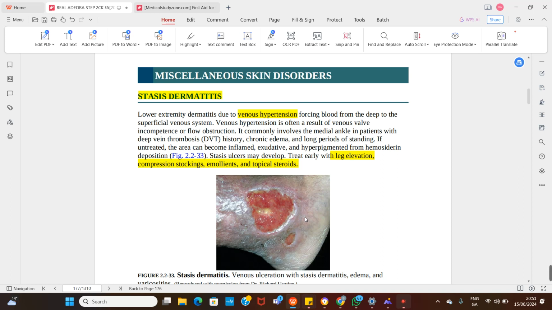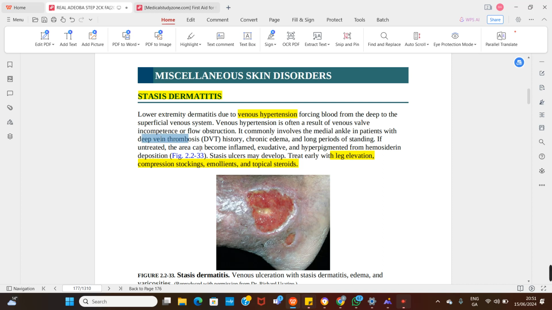You know, the medial side of the ankle, think about a venous problem. When you see the ulcer located within the medial side of the ankle, the upper part of the medial ankle, you call that the gaiter area. Think about stasis dermatitis leading to venous ulcer. So that is how the pathophysiology works. I hope we get that.